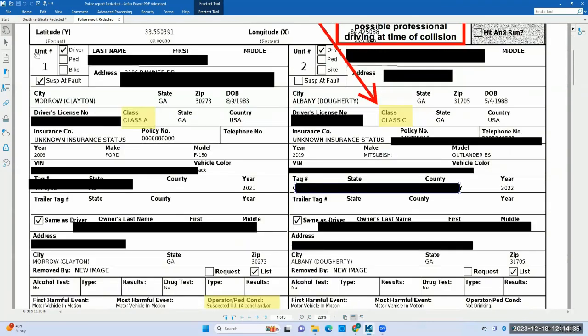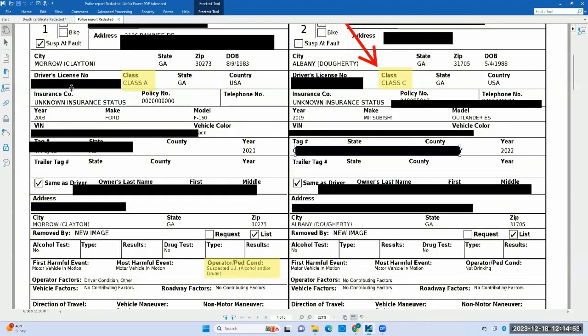So here we're going to talk about what different vehicles and who the driver was, with their name and their address. We also see what city, state, zip code, and date of birth the person was, with their driver's license number and type of driver's license.